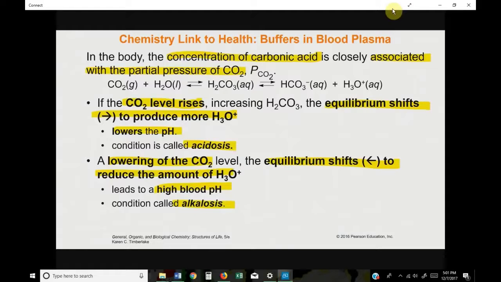If we have too much CO2 in our body, we end up with a problem called acidosis. If the CO2 levels in our bodies go down too low, as with hyperventilation, when you're letting off too much CO2, that shifts the equilibrium to reduce the amount of acid, and we end up increasing the blood pH. This process is called alkalosis.